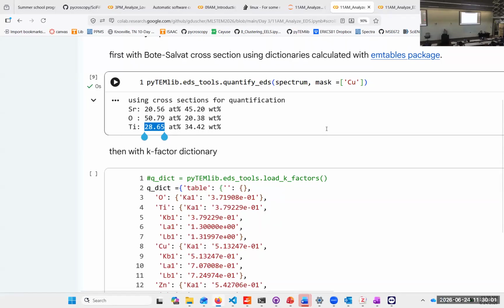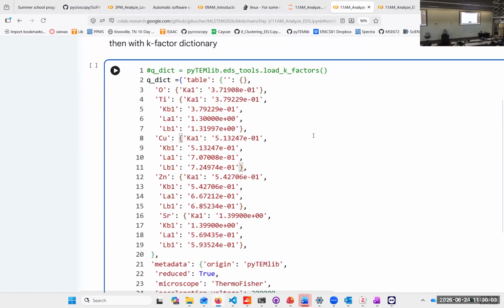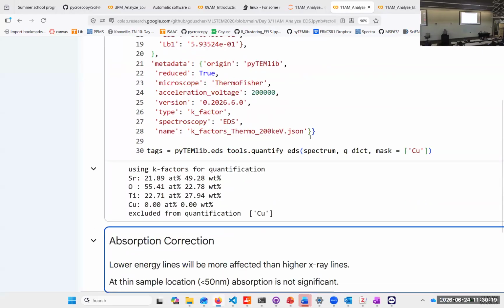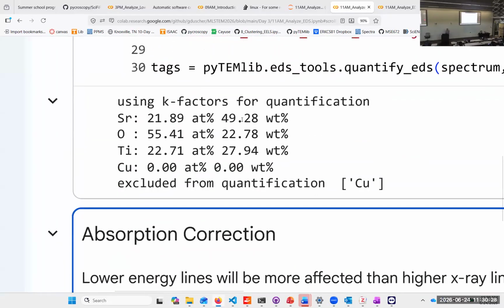And so the K-factors from our microscope, if I use that, I have them here for oxygen, titanium, copper. If you need to know how to get that out of your microscope, you can Google that. It's out on the web. I'm not going to tell you that. And so if we do that, it looks already much better, right?